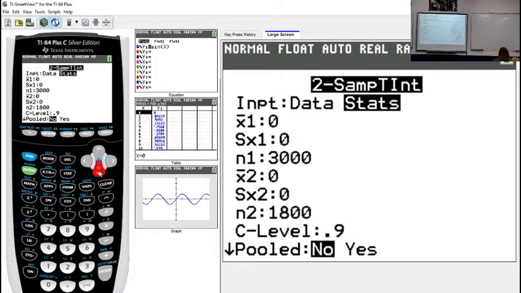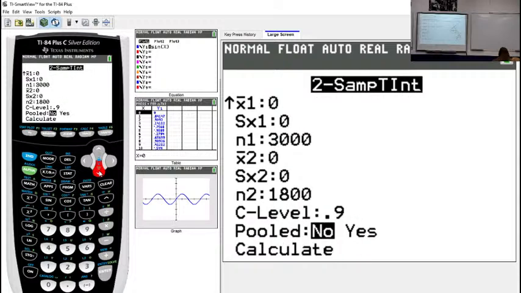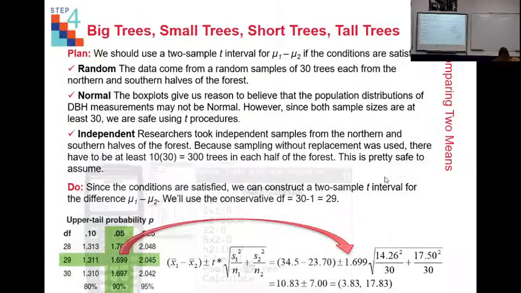Confidence level would be 0.9. Pooled, we're going to put no. Then it's going to calculate. This is around what you should get for your confidence interval.